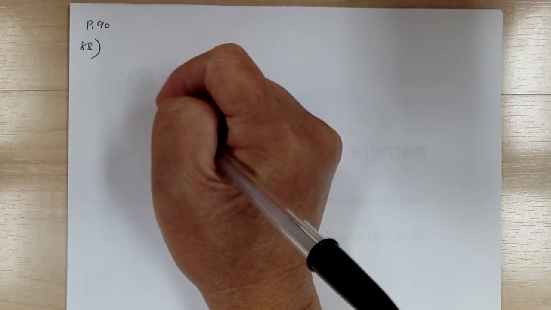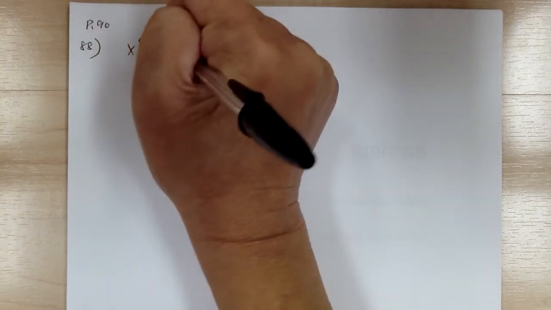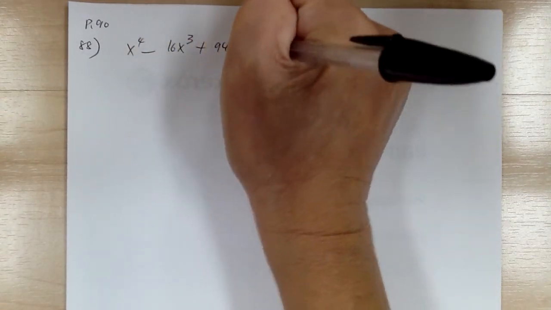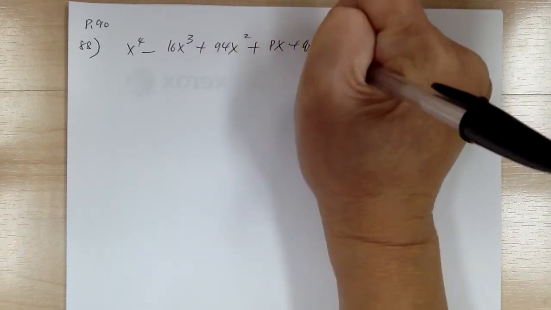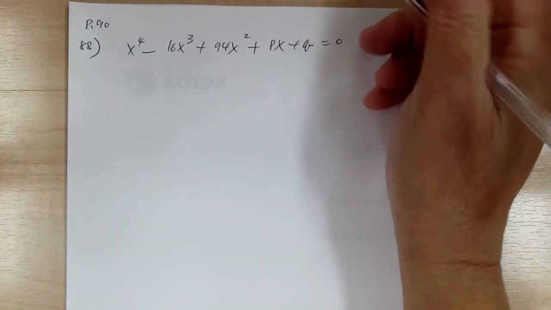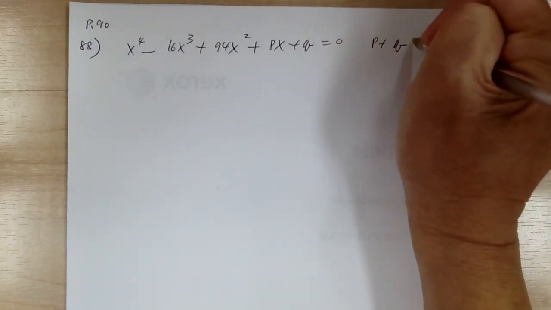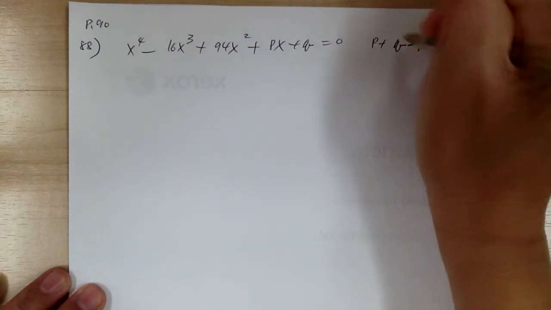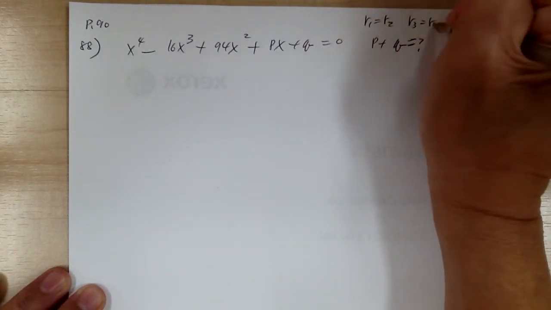Okay, number 88. x to the 4 minus 16x to the 3 plus 94x squared plus px plus q equal to 0 has two double roots, and you're looking for p plus q. You have two double roots, meaning r1 equal to r2 and r3 equal to r4.